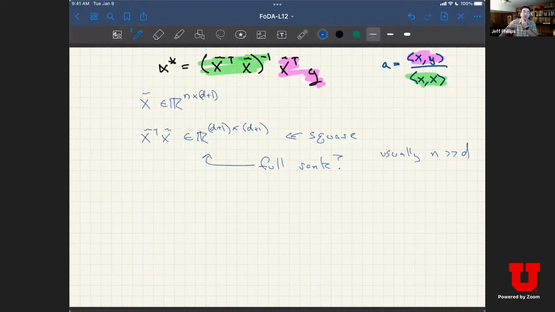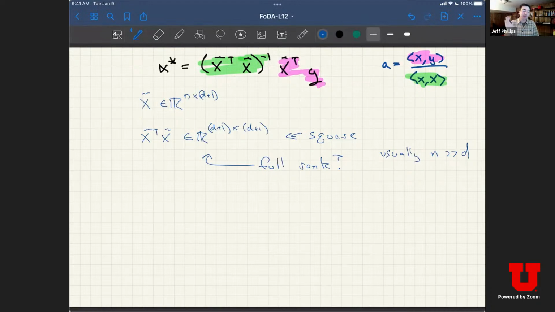Then it's full rank if the rank is at least d plus 1 of this square matrix. And if it has n rows in it, each one might be generating something that's linearly independent. It's pretty likely to be full rank in this case. Okay, it's not guaranteed to be full rank, and this can sometimes cause problems.